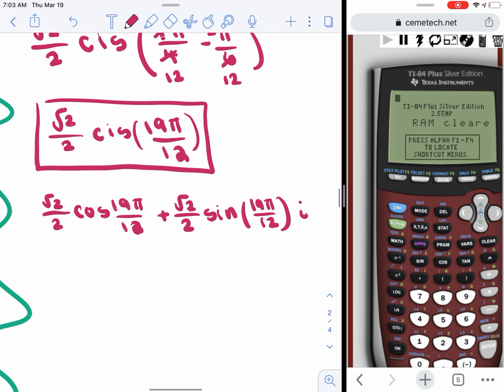So in our calculators, we can do the square root of 2 divided by 2, and then times the cosine of 19 pi divided by 12.